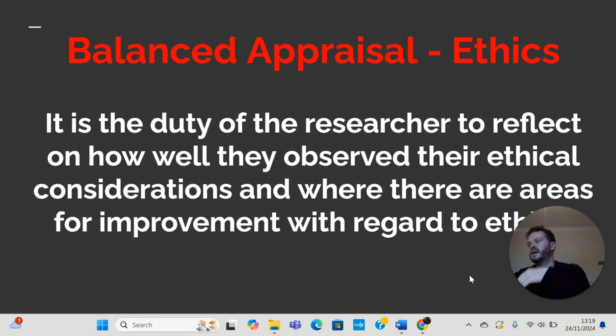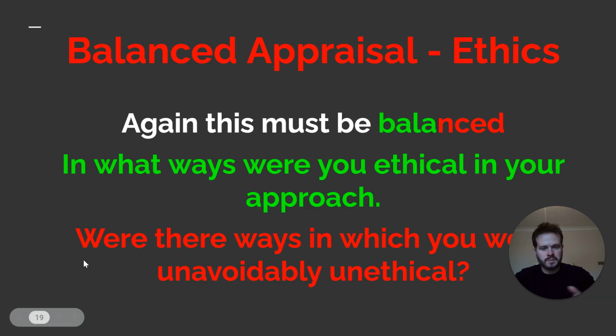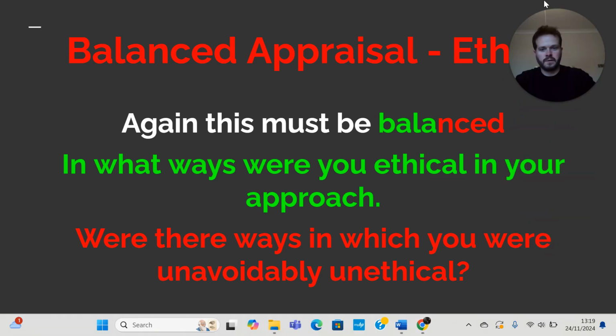Yeah, I was really ethical because I did X, Y, and Z, and that ensured that I didn't do X, Y, and Z. On the other hand, there were elements to my research where it was impossible for me to not damage ecosystems, let's say. So, you take that into account when you're thinking about the ethics. Again, it's positive and it's negative. This must be balanced, as I've said before. Yeah. So the questions you have to ask yourself are: in what ways were you ethical in your approach? In what ways were you unavoidably unethical?